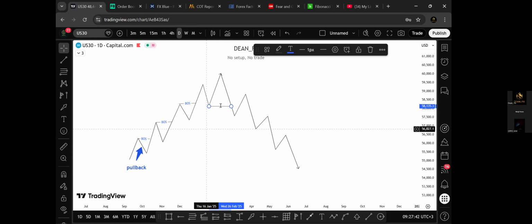And this also can be used as your entry confirmation, mostly on lower time frames, because that's what I use.